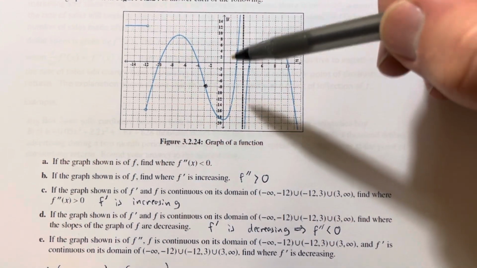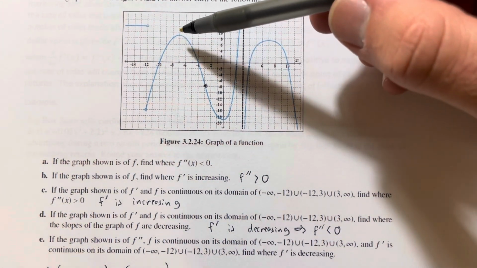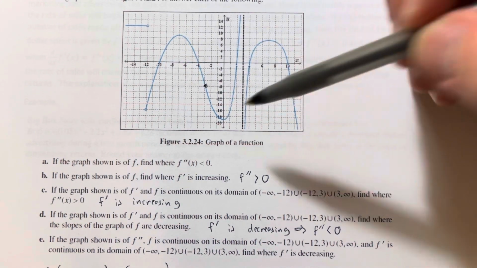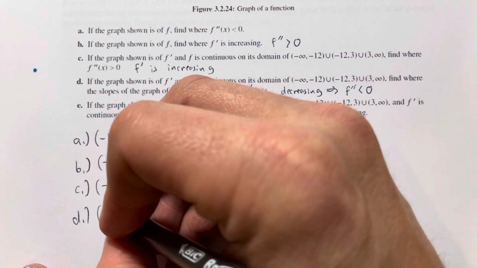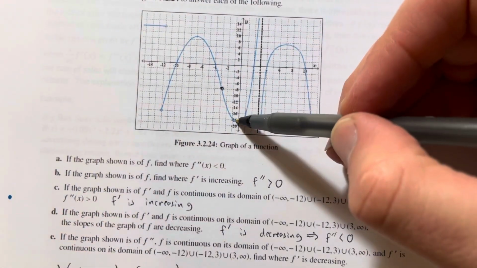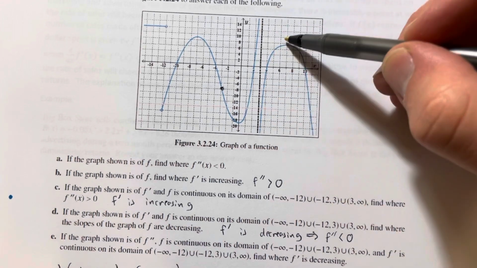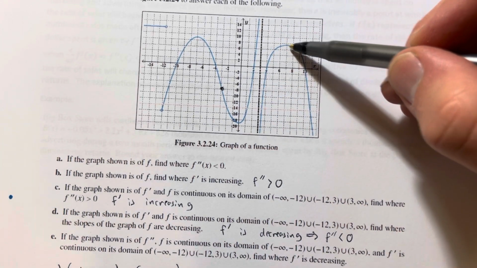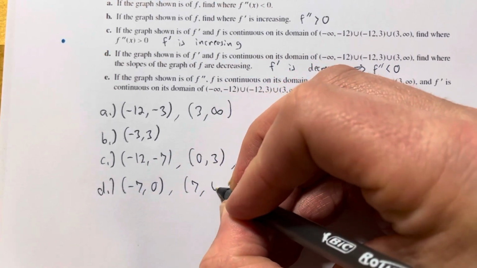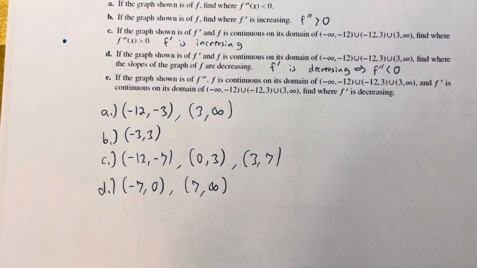That's what I'm looking at. So we know that we're decreasing from -7 all the way down to 0. -7 to 0. And then it looks like after 0, I'm increasing again, and then from 7 to infinity, we appear to be decreasing yet again.